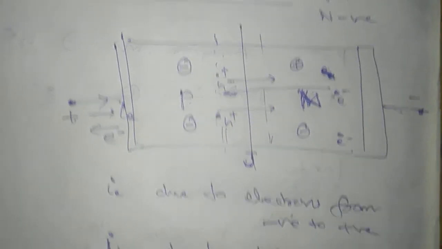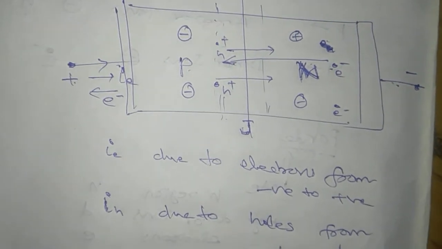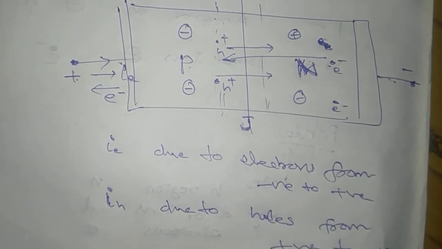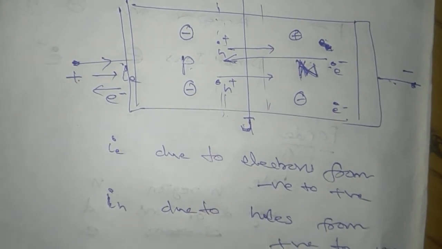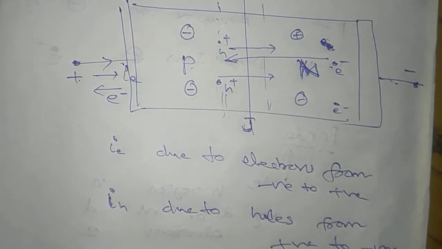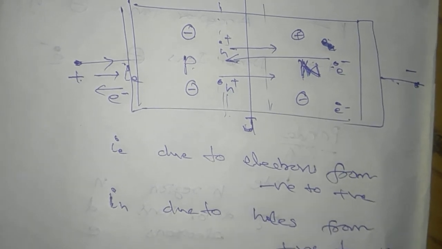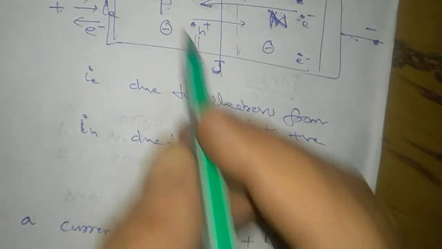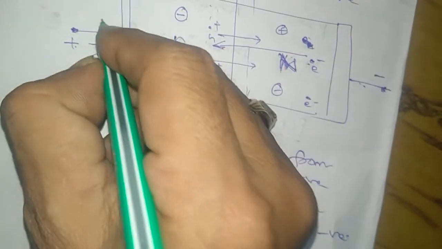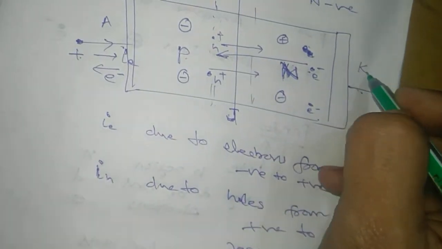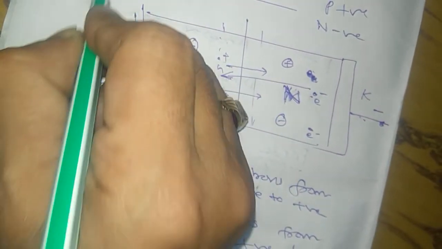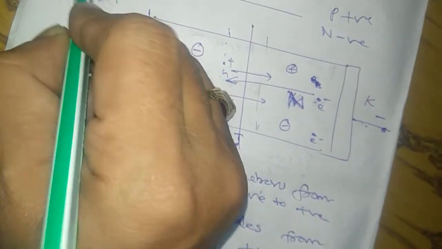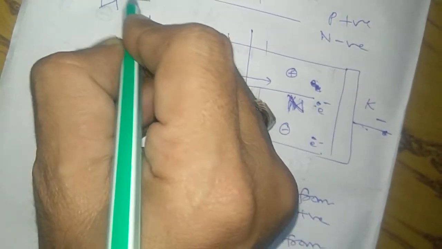So what will happen? A current I, which is comprised of electron plus hole current, will start flowing from anode to cathode. This is anode to cathode, this is the symbol and this is K.